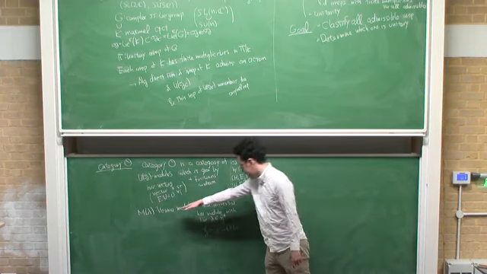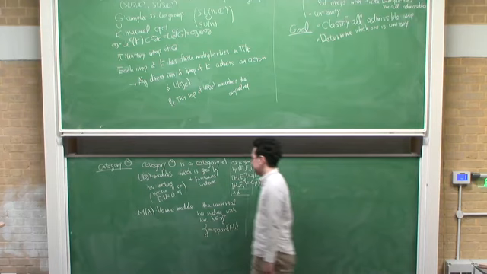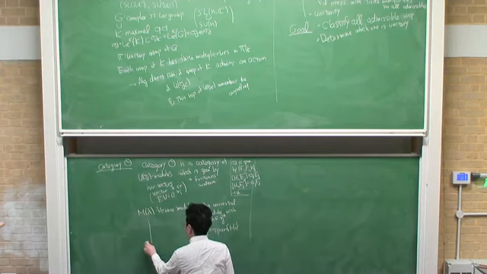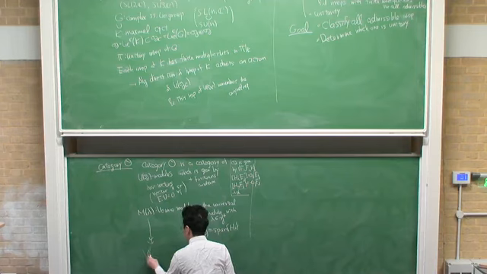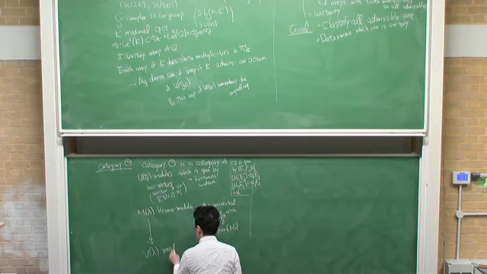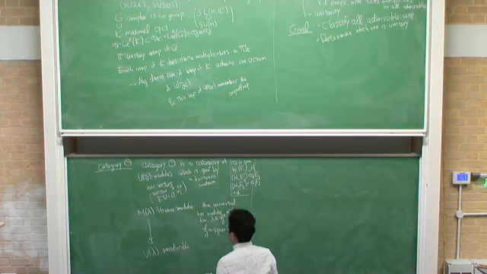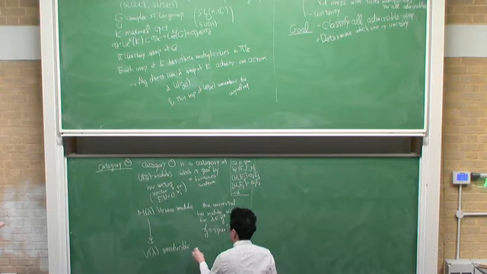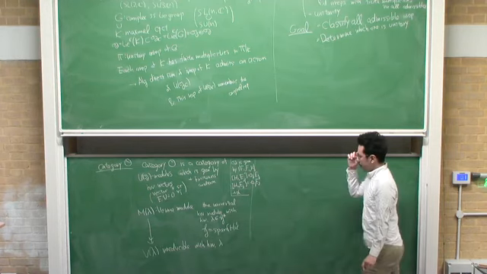There is a universal one, as well as the irreducible one, which is the smallest. There exists a unique irreducible module with highest weight lambda.